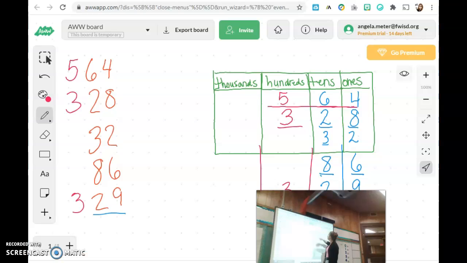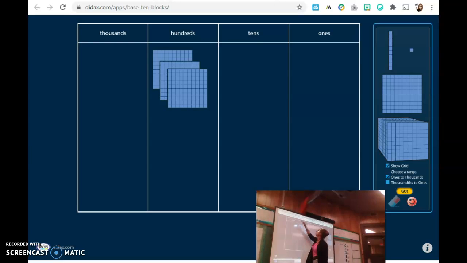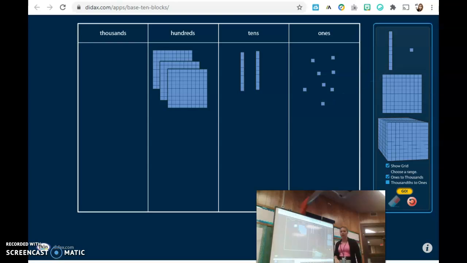Okay, and I forgot, so I'm going to look again. 2 rods and 8 units. 2 rods and 8 units. 1, 2, 3, 4, 5, 6, 7, 8. 3 flats, 2 rods, 8 units. 328. Okay?